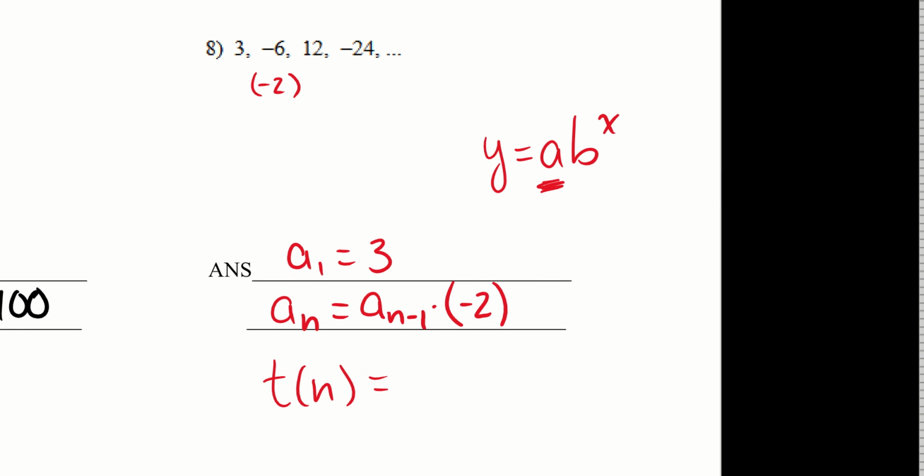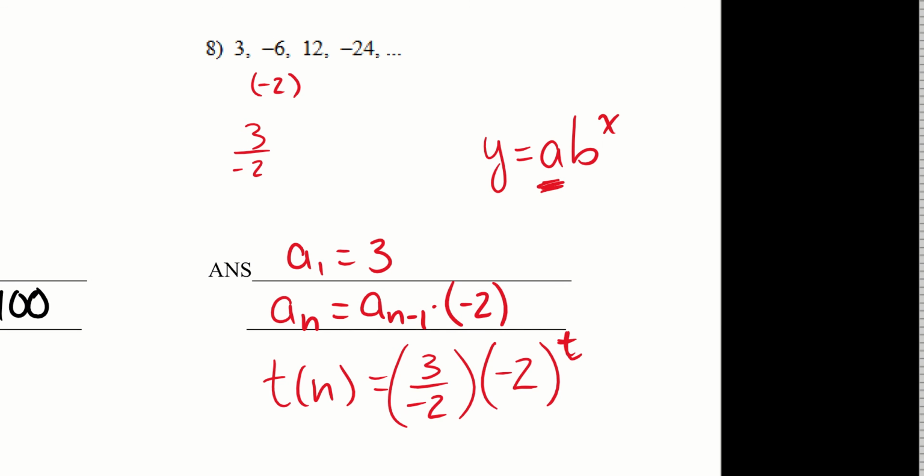And in order to get the 0th term here, instead of multiplying by -2, I'd have to divide by it. So I'd be looking at 3 divided by -2. So this would say my 0th term is 3 over -2, right? And to move forward, I'm going to multiply by -2, and I'm going to keep doing that as I move forward. So I'm going to raise that to the n power.